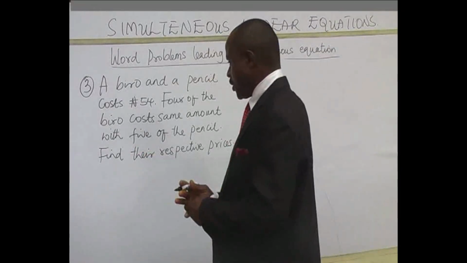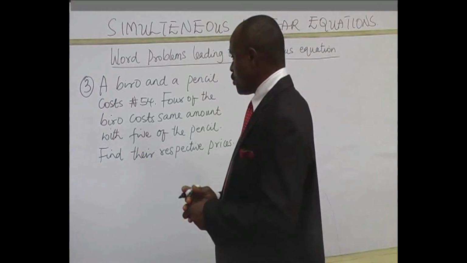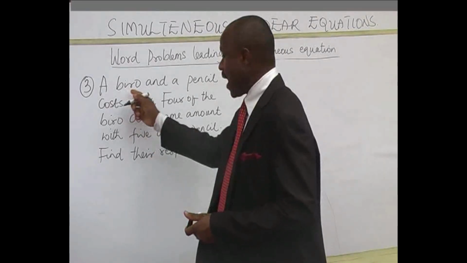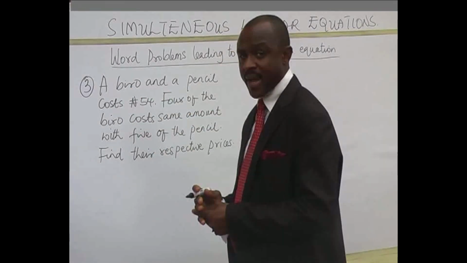In going about this question, let's use B to represent biro and use P to represent pencil.